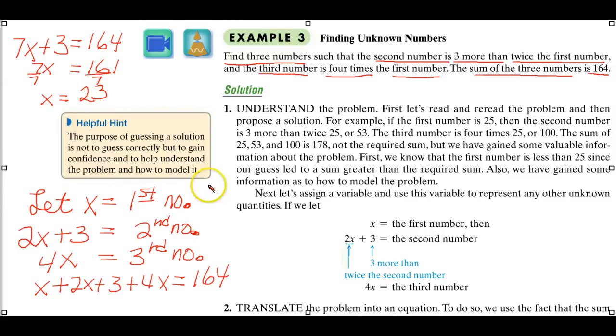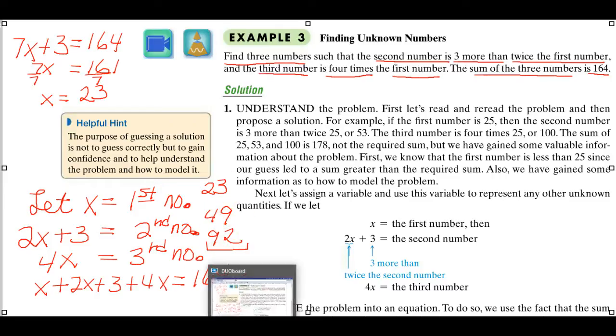So the first number is 23. Now 2 times 23 is 46. 46 plus 3 is 49. And 4 times 23 is 92. Now theoretically, if we add up all these numbers, it should add up to 164, and it does.